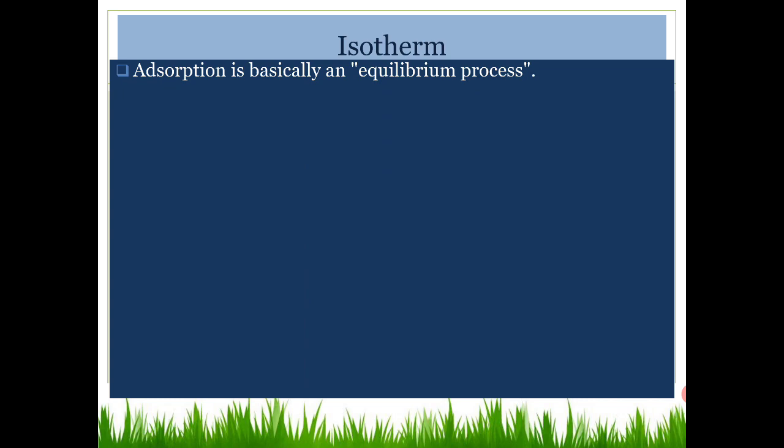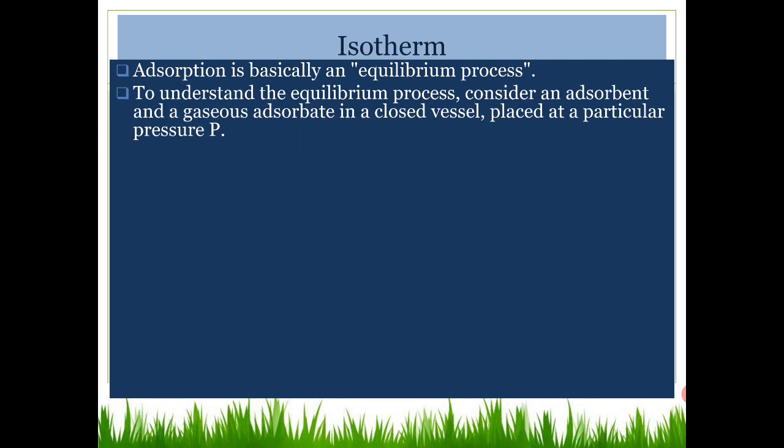Adsorption is basically an equilibrium process. What type of equilibrium process, if you ask? If you imagine a container, consider an adsorbent and a gaseous adsorbate in a closed vessel. Inside the closed vessel, an adsorbent is there.